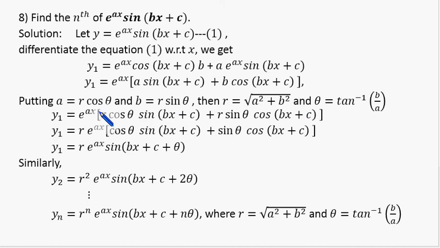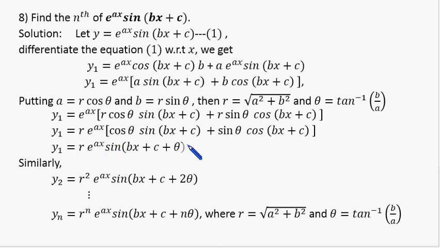So in this term you can take r as a common factor, that is r into e power ax, therefore cos theta into sin of bx plus c plus sin theta into cos of bx plus c.